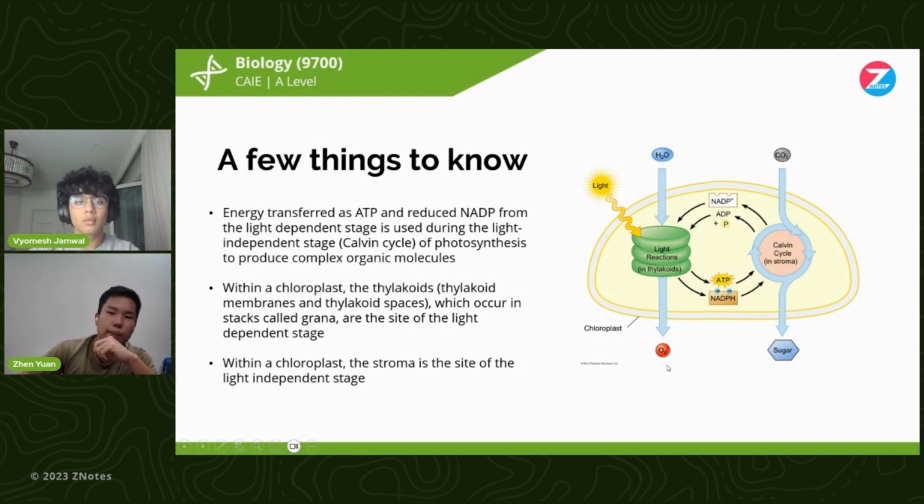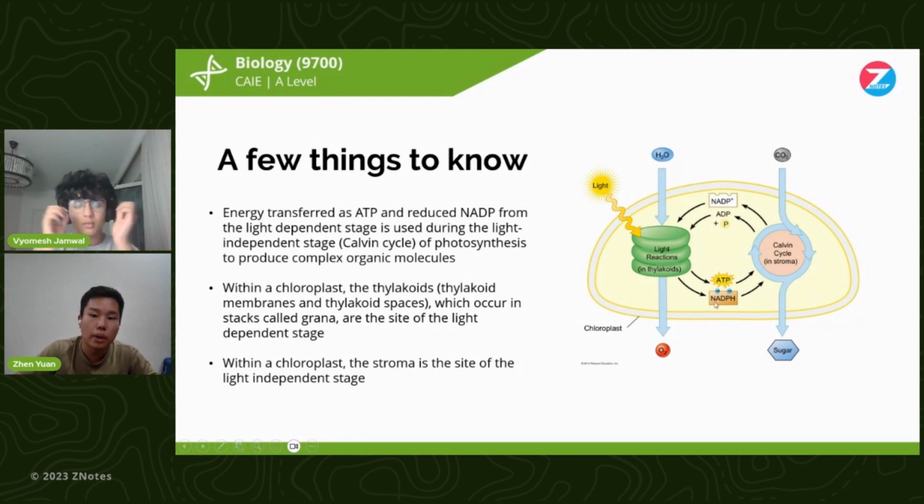What is reduced NADP actually? Well, it's similar to what we've learned in chapter 1 of A2 biology. You've learned that in mitochondria, there are hydrogen carrier molecules called NAD and FAD, right? In this situation, it acts as the same thing.